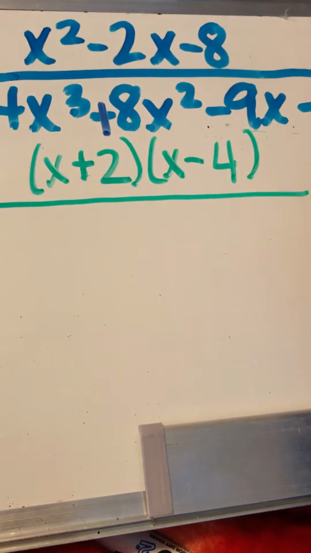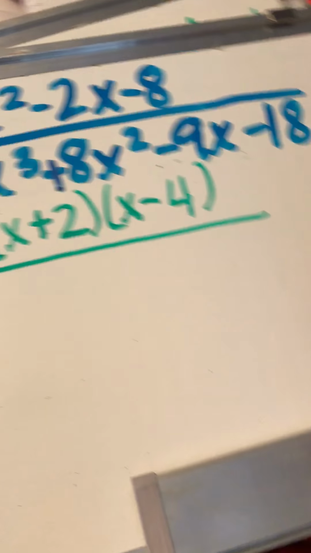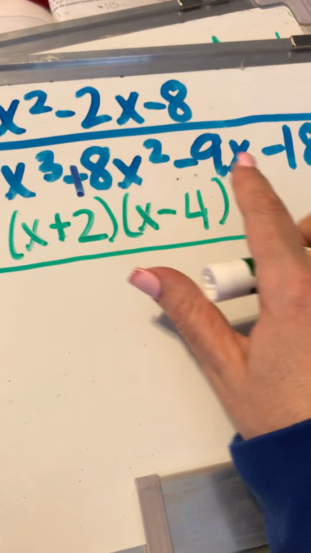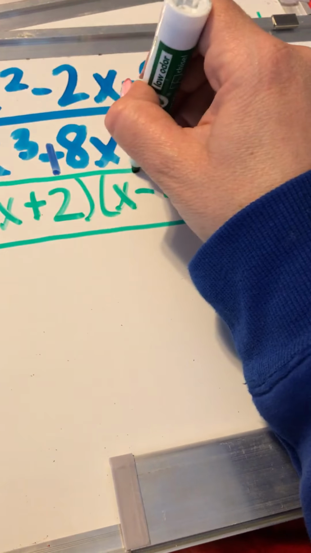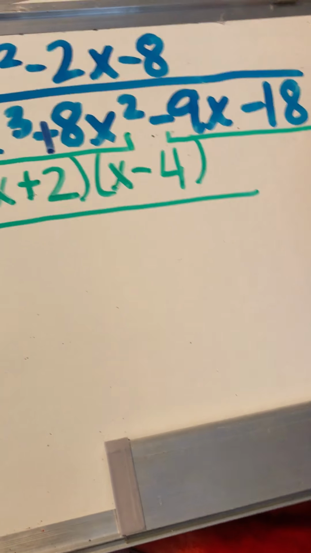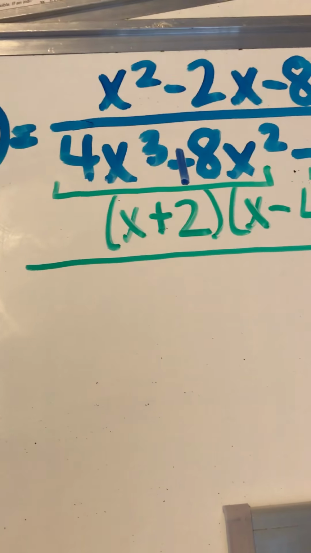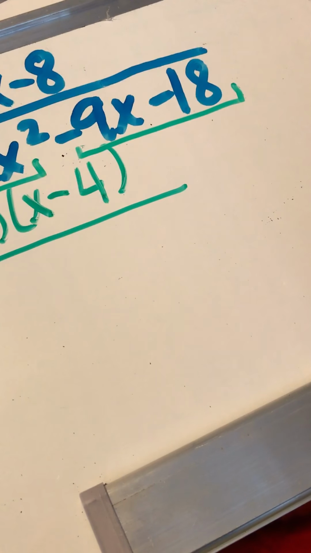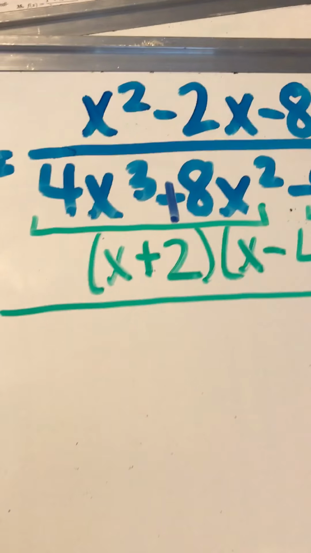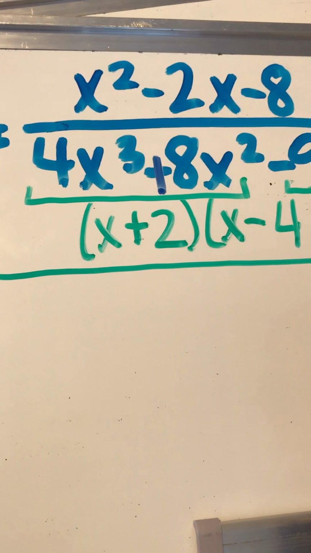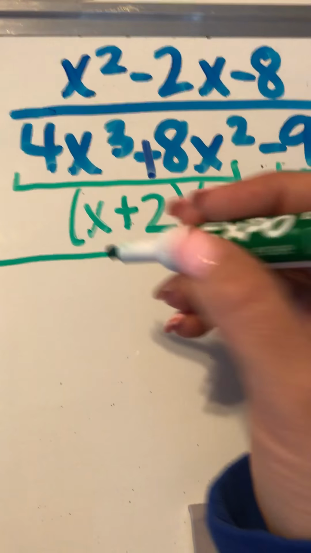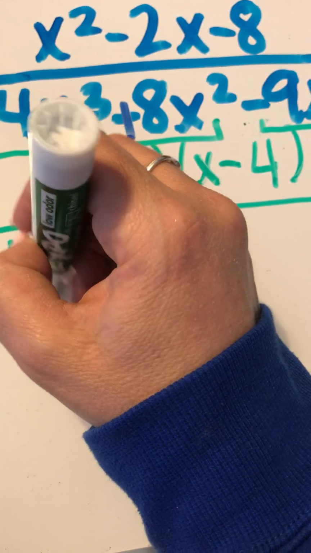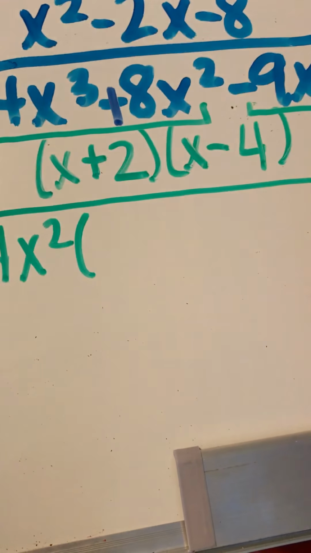Okay? All right, now let's take a look at the denominator, because remember when we see 4 terms in a polynomial, when we factor, we want to use grouping. So we group together the first 2 terms, and then we group together the last 2 terms. Now the first 2 terms, I'm going to pull out the greatest common factor, which is 4x squared.